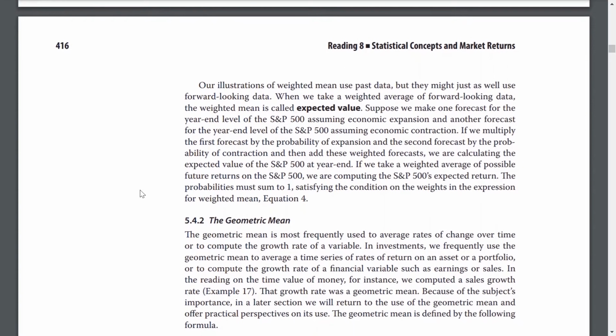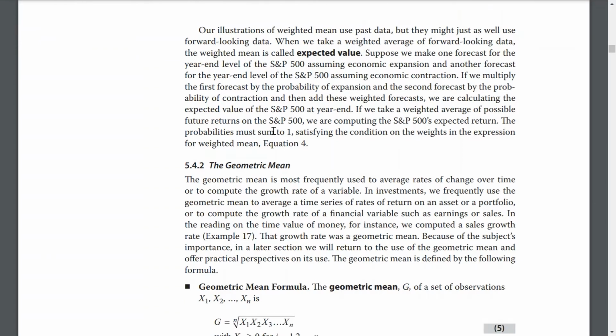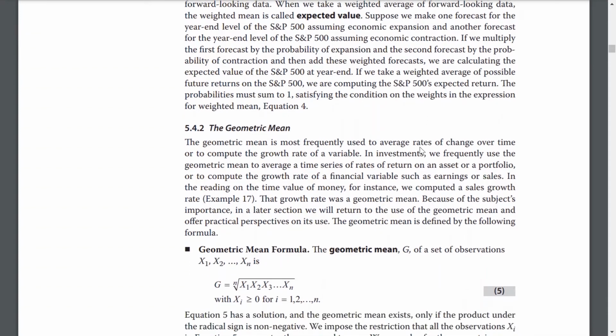If we multiply the first forecast by the probability of expansion and the second forecast by the probability of contraction, and then add the weighted forecasts, we calculate the expected value of the S&P 500 at year end. If we take the weighted average of the possible future returns of the S&P 500, we are computing the S&P 500's expected return. The probabilities must sum to 1, satisfying the condition of the weights in the expression of the weighted mean as in equation 4.